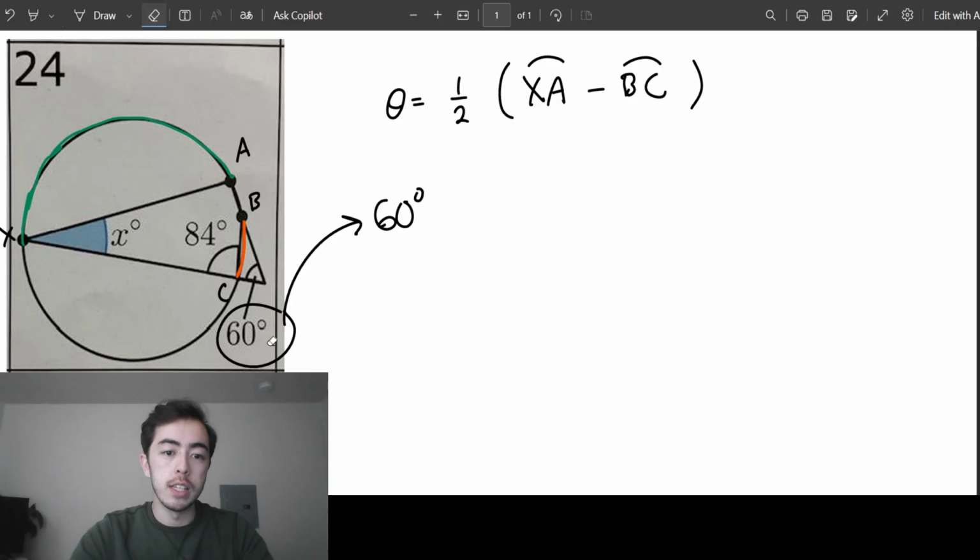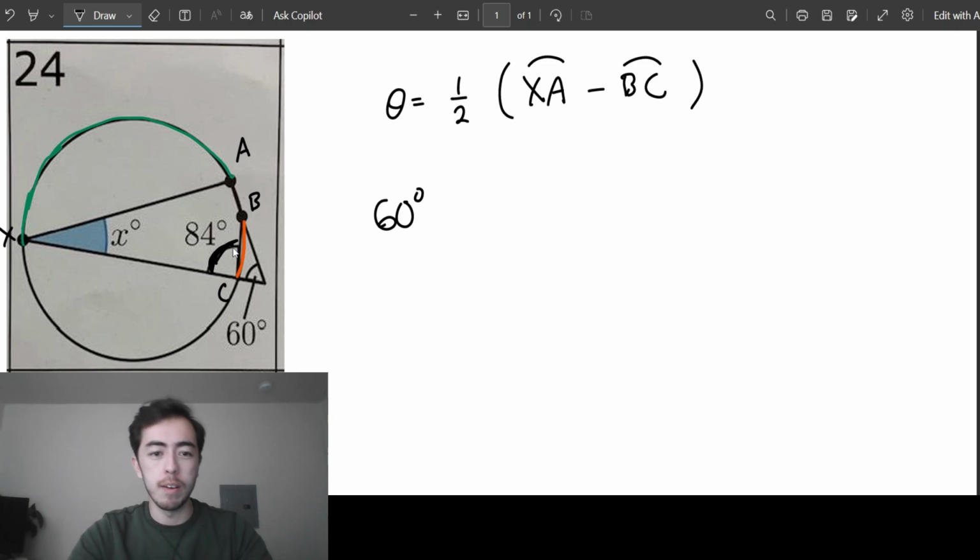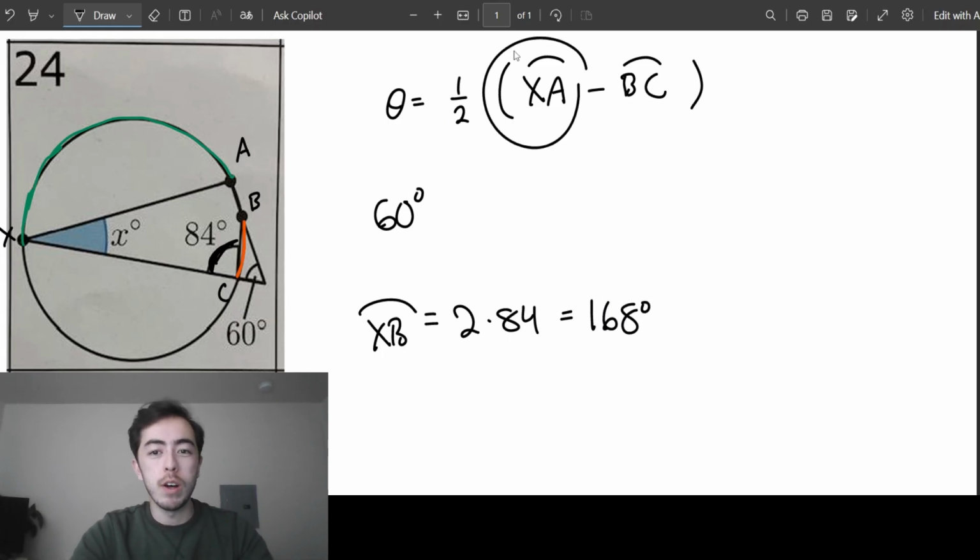But if we look at the 84 degrees, this inscribed angle right here is subtending the arc XB, not XA, because it goes from the point X there to the point B there. So we could figure out that arc XB is just going to be equal to double its corresponding inscribed angle, and that's going to be 168 degrees. But that's not the one we wanted, right? We wanted XA.